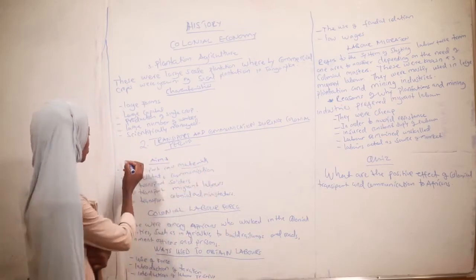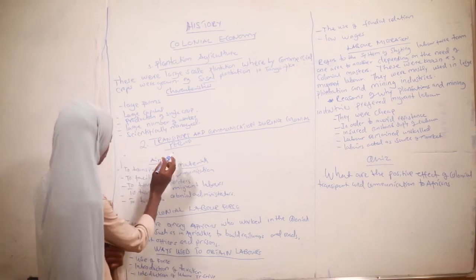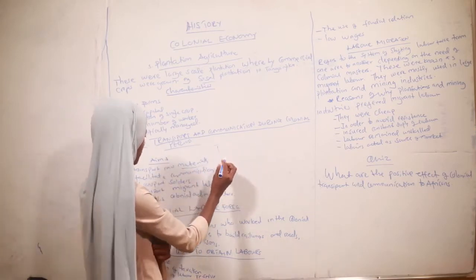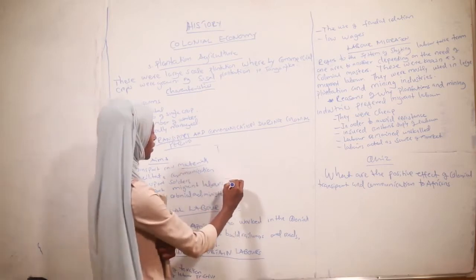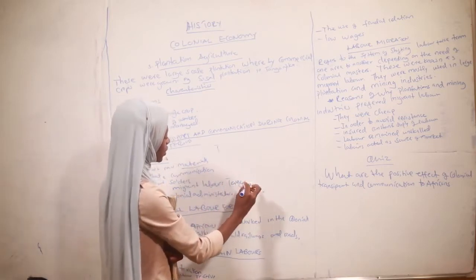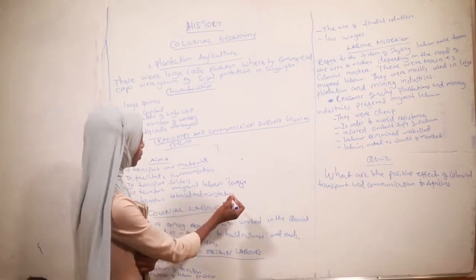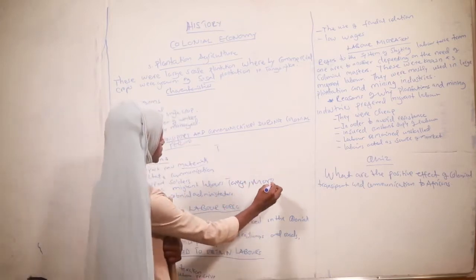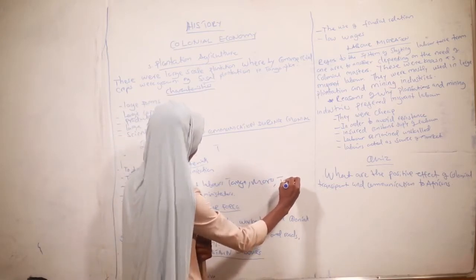Labor was moved from Kigoma, also from Dodoma, then transported to Tanga to work in the Seso plantation, also to Morogoro, also to Tabora, like that.